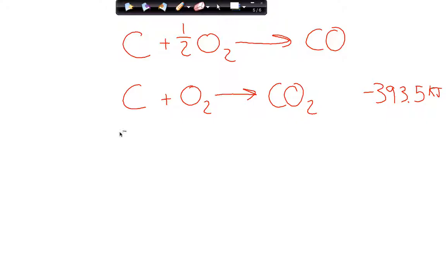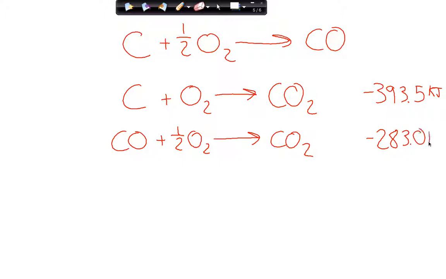And then carbon monoxide plus 1/2 O2 yields carbon dioxide, and that has a delta H of negative 283.0 kilojoules. Let me make sure I haven't screwed this up. Carbon plus oxygen, CO2; carbon monoxide plus 1/2 O2 is CO2. Good. Okay.